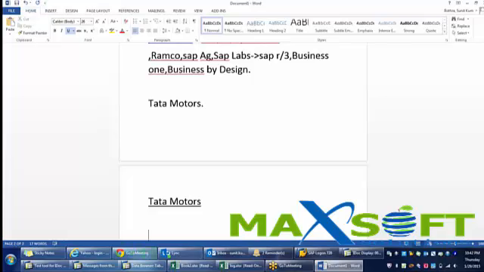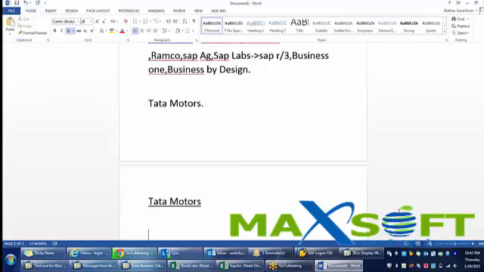SAP people and partners say, I give the maximum integration compared to any other ERP, because an organization is a collection of various departments like sales, finance, production, quality, human resource. All these departments have to get integrated together. There should be a real-time exchange of data among them.